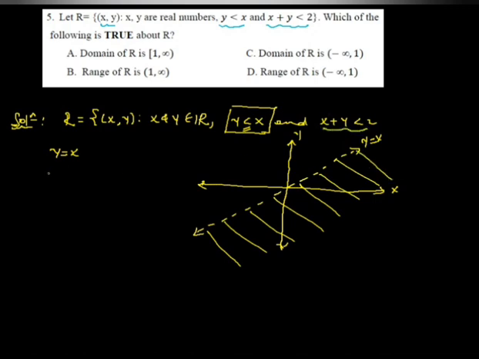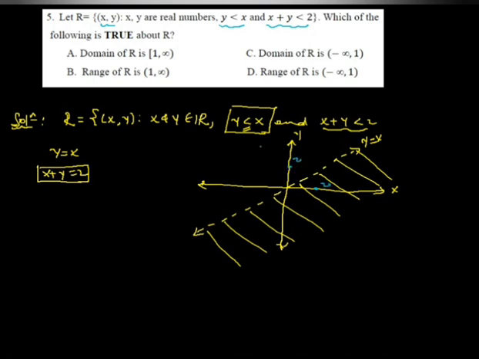Okay, again, what do we do? We take x plus y is equals to 2 and construct the line. The x intercept is 2 and the y intercept is also 2. Okay, the x intercept is 2 and the y intercept is 2.